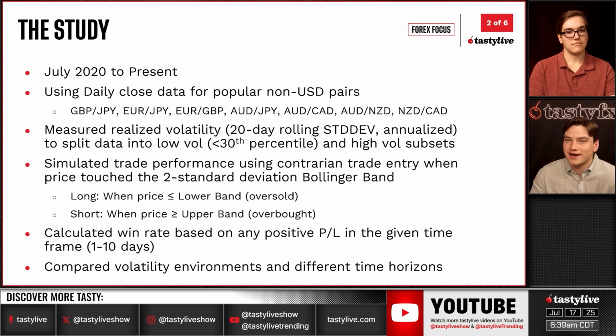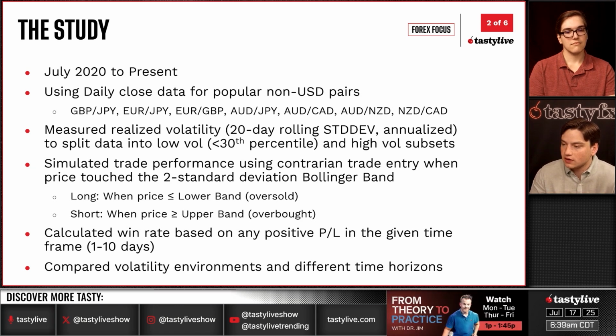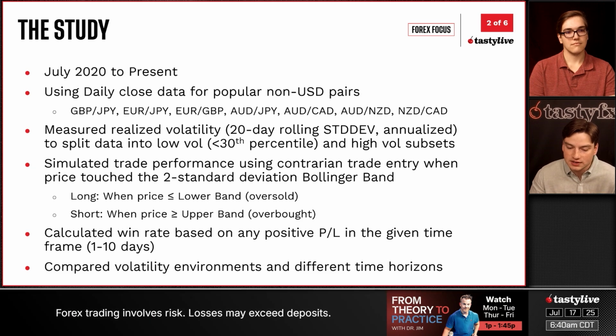And when the price got higher than the upper band, that triggered a short trade to simulate a mean reverting trade. And we calculated the win rate, so any positive P&L, with various time frames, so 1 to 10 days, and compared a lot of these volatility environments and the win rates there.